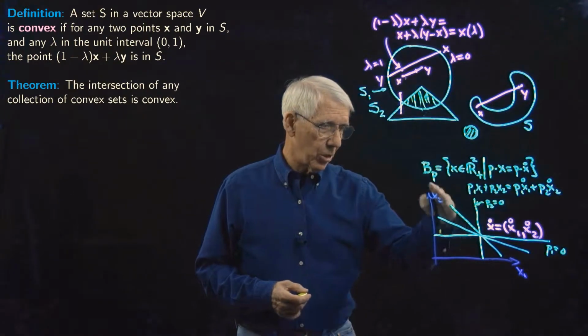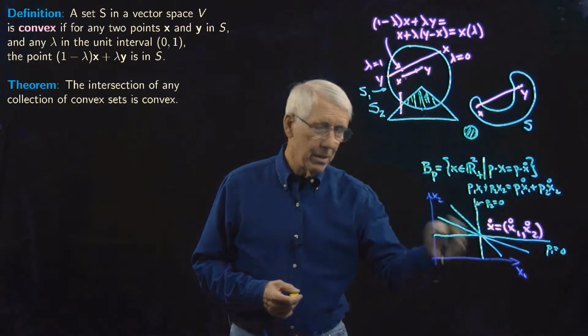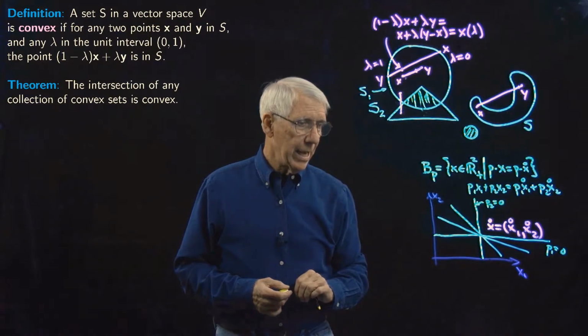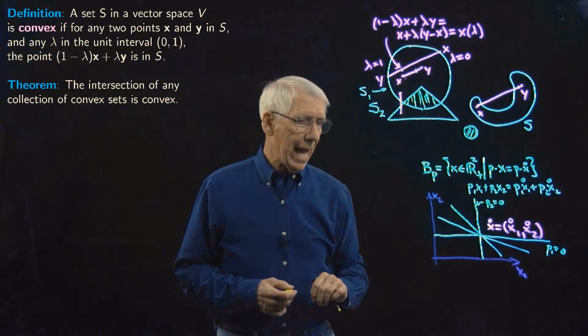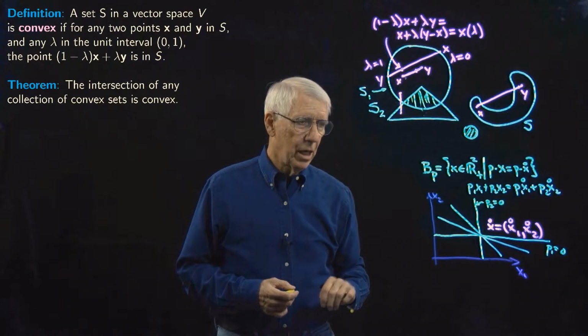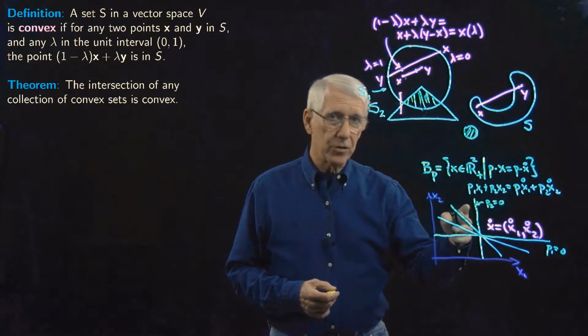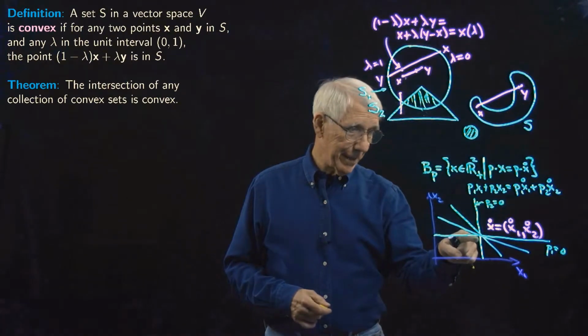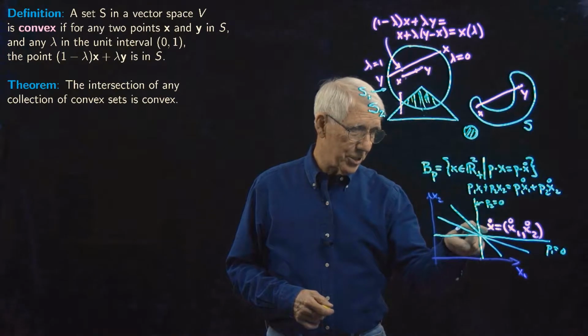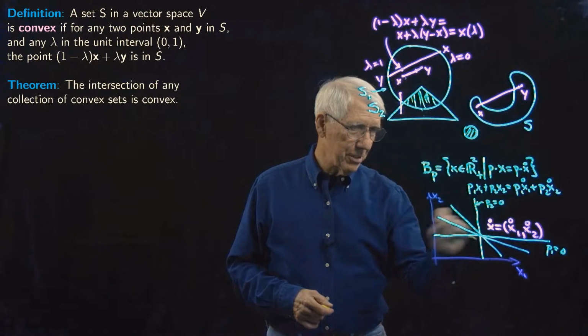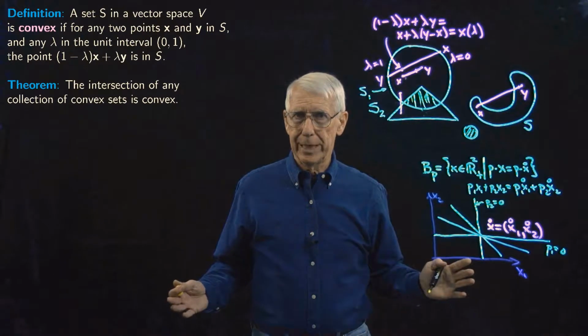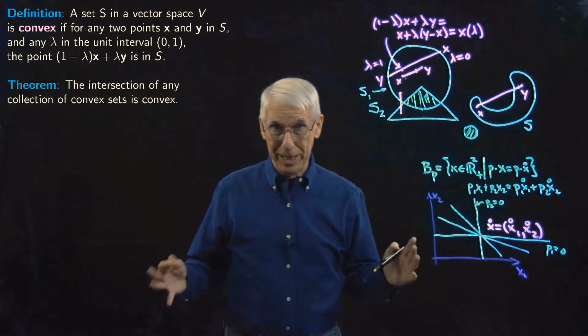So the budget constraints are all downward sloping or possibly vertical or horizontal. And so I want to look at the intersection of all of these budget constraints. Well, that one's easy. Clearly, the intersection of all the budget constraints is just the singleton consisting of this bundle here. That's pretty uninteresting.